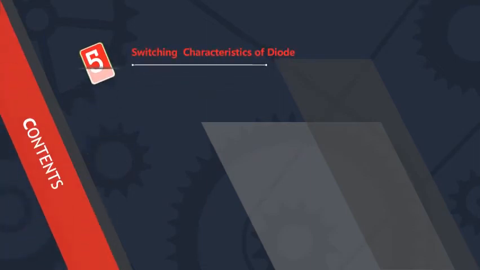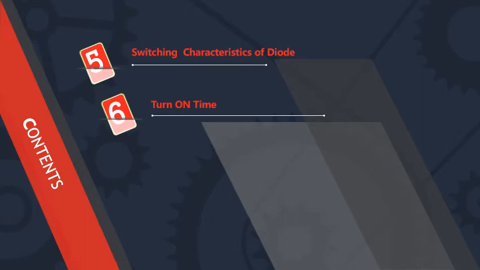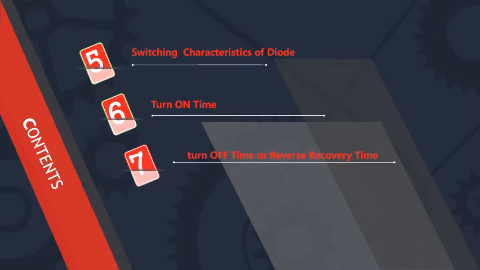The next topic is switching characteristics of the diode. तो इस लेक्चर में हम switching characteristics, जिसको हम dynamic characteristics of the diode भी बोलते हैं, वो भी स्टडी करेंगे, जिसमें कि पूरा का पूरा characteristics को दो पार्ट में डिवाइड करते हैं हम, एक टर्न ऑन, so the next topic is turn on time or turn on characteristics of the diode, and next topic is turn off time, or it is also known as reverse recovery time characteristics of the diode, and finally the references of this presentation.